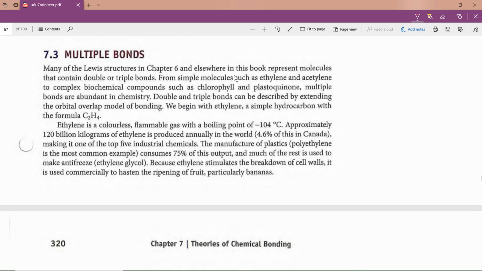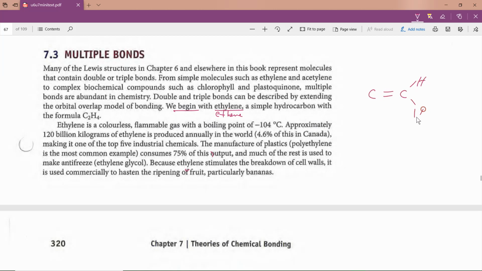So let me jump to page 319 in our mini text here. Lots of carbon you saw here are going to have multiple bonding, like ethene. Ethylene, yeah, IUPAC name is ethene, so C2H4.